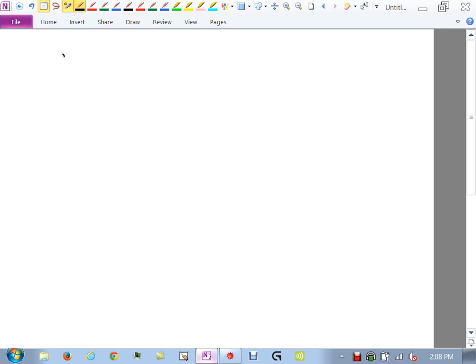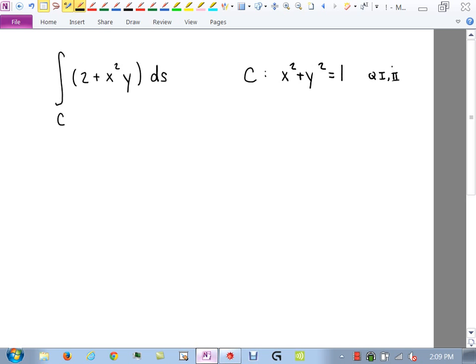So let's say we're trying to find the line integral of 2 plus x squared y ds, where C is the upper half of the unit circle, right? That means it's in quadrant 1 and 2. Is that good enough if I just say that? Or even better, I'll say y is greater than or equal to 0.